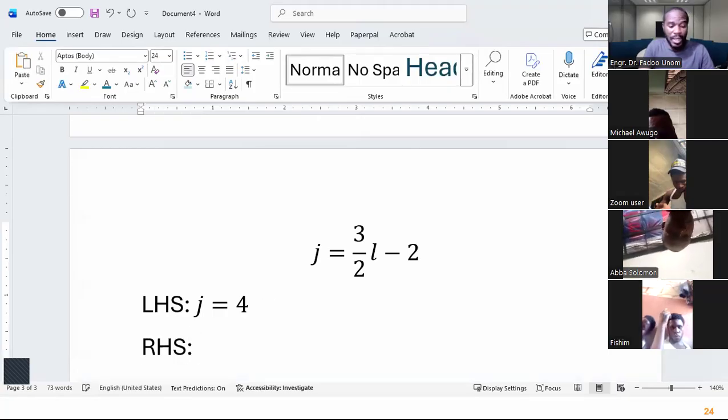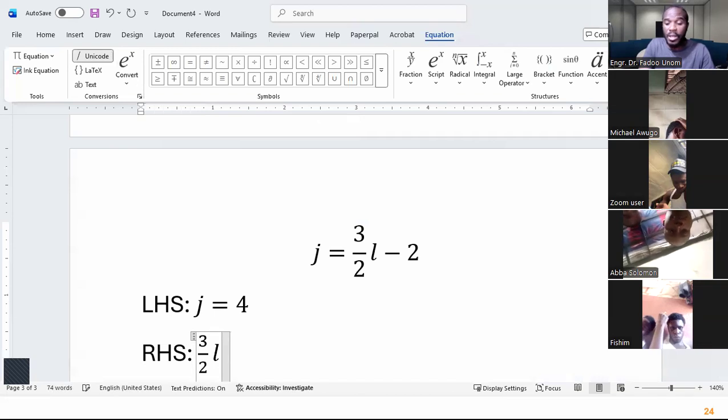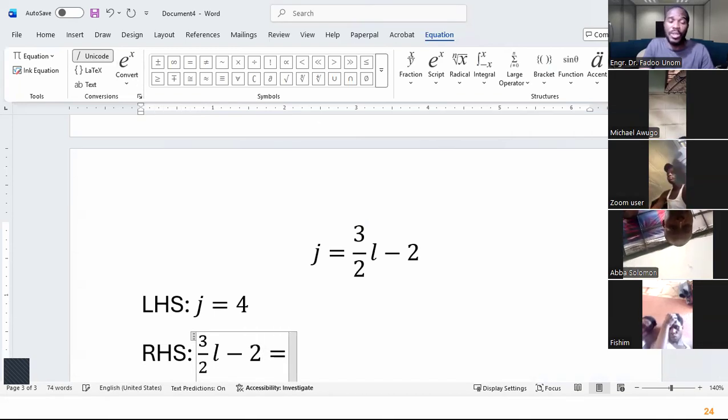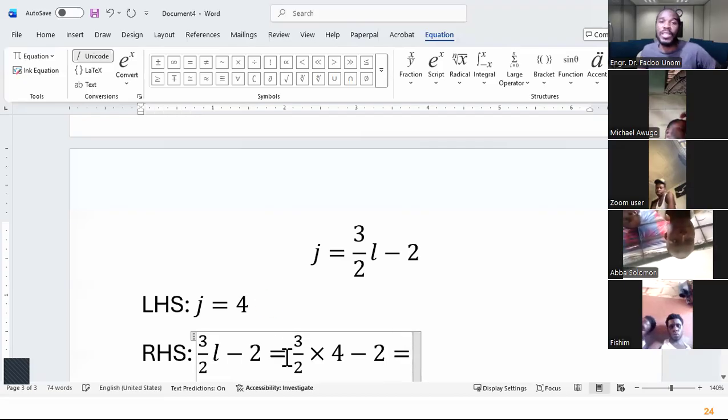The right-hand side gives us this 3 over 2L. We're taking 2 out of that. So that's going to be 3 over 2 times, how many links are there? There are 4 links times 4 minus 2, right? So let's find this.